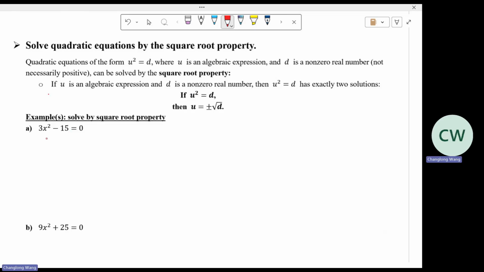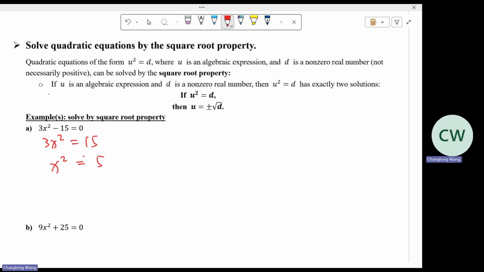So in letter A, let's go ahead and add the 15 on both sides. You have 3x squared equals 15, right? Divide over 3, and you have this square or quadratic part completely isolated.